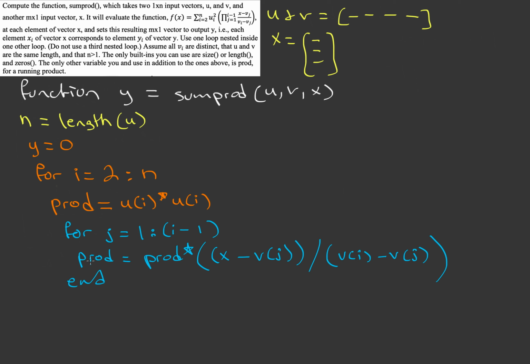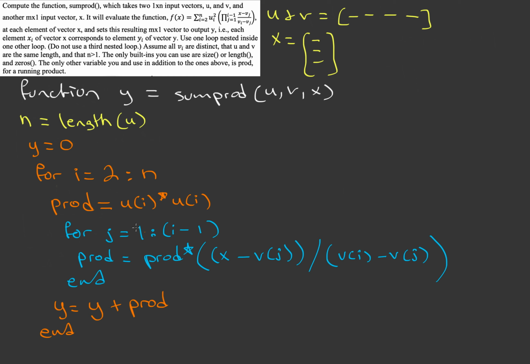Now, once we've ended this running product, we got to finish up our running sum that we had. So then we say y is equal to y, so the 0, plus whatever we've created here, which is prod. And then we're going to end this running sum. So as this goes through iterations, we're going to keep adding this term product to y.